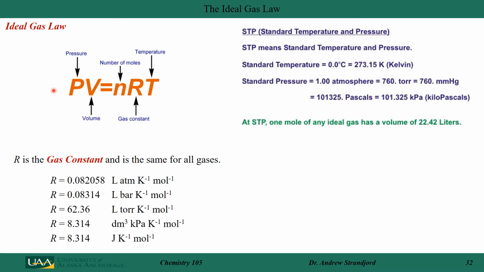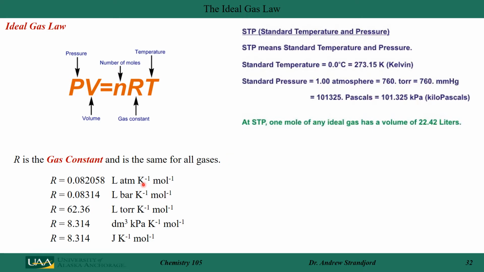Each of the quantities in the ideal gas law have units associated with them: pressure, volume, quantity, and temperature. We bring those all together in a single equation with a constant, which sort of unifies all those different units for those different variables. So the gas constant is the same for all gases, whether we have nitrogen gas, hydrogen gas, or methane gas.